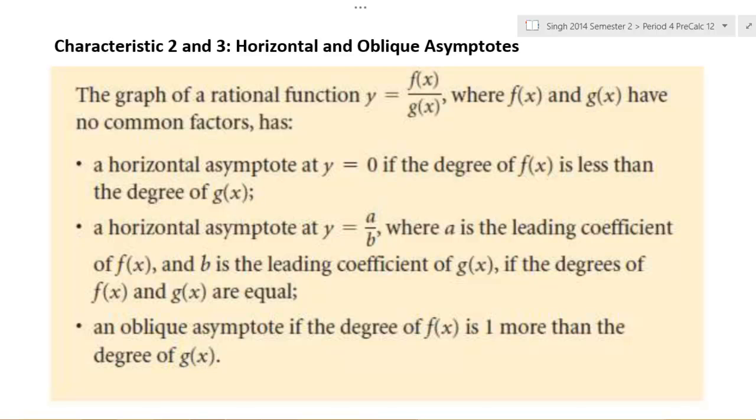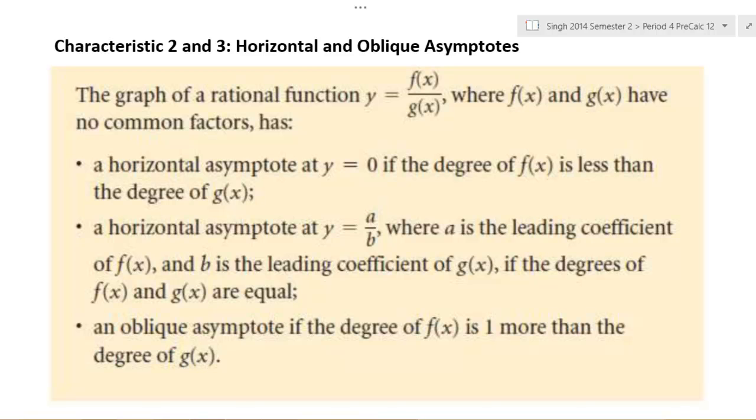A horizontal asymptote is going to happen at y equals 0 if the degree of the top is less than the degree of the bottom. The horizontal asymptote is going to happen at a over b, where a is the leading coefficient and b is the leading coefficient of the bottom function, if the degrees of f of x and g of x are equal. So we already discussed that. If the top is less degree than the bottom, then it's y equals 0 for your horizontal asymptote. If the top and bottom are same degrees, then you look at the leading coefficients a and b, and their division is going to result in a horizontal asymptote.